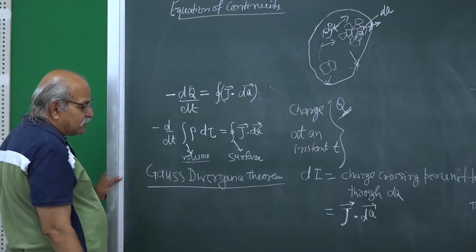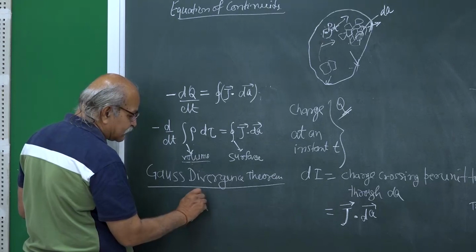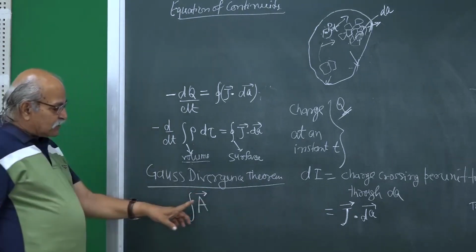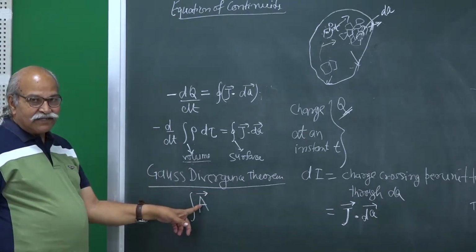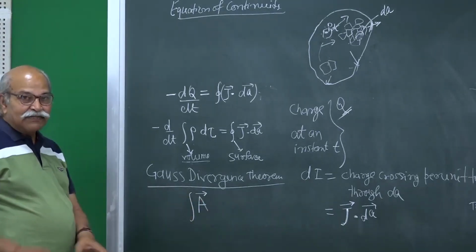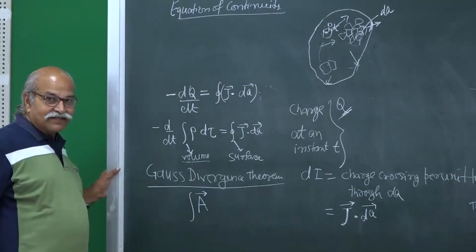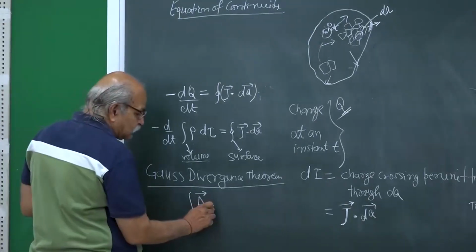It tells that if you have some vector quantity A, which depends on space coordinates x, y, z, it is not a constant vector. At different locations, the magnitude and the direction of this vector can be different. We call it a vector field.